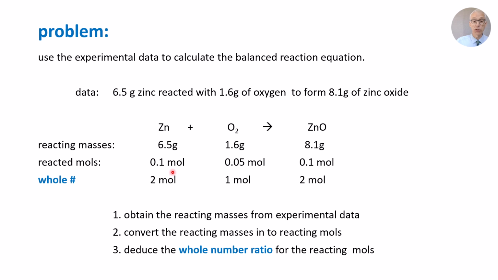So multiply through by 20 or divide by the smallest number, divide through by 0.05, so 0.05 becomes 1, 0.1 becomes 2, and 0.1 becomes 2. So my whole number ratio is 2 to 1 to 2, and then put those into the equation as the balancing numbers. There is the balanced chemical equation, derived from experimental data.